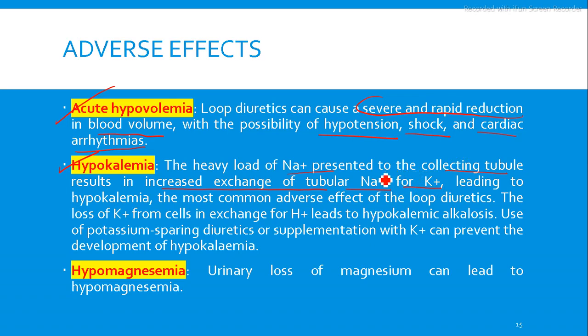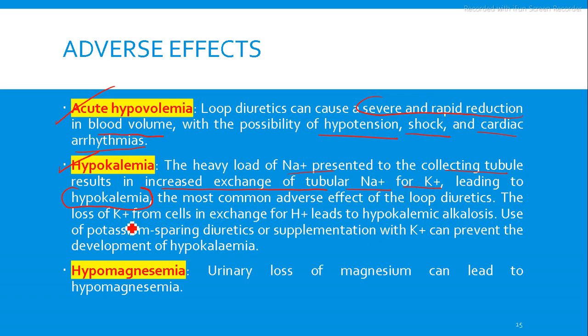The excess sodium which remains in the lumen is exchanged for potassium in the collecting duct. So more potassium comes inside the lumen. That's why excess potassium is lost through the urine, and thus it leads to the condition called hypokalemia. The most common adverse effect of these loop diuretics is hypokalemia.